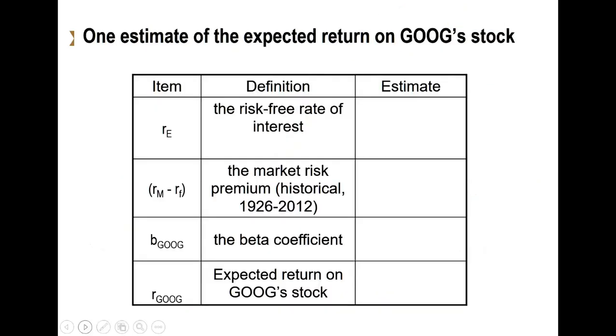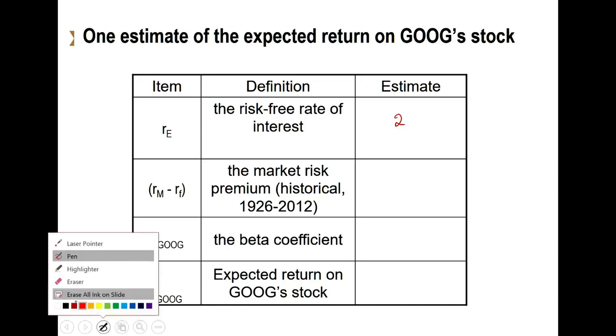So let's put all these things together. To find the risk-free rate of interest, we have to obtain the current yield to maturity for a government bond that's a 10-year average. Let's suppose, in my example, that it's 1%.